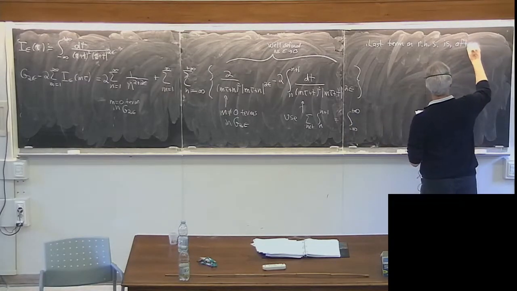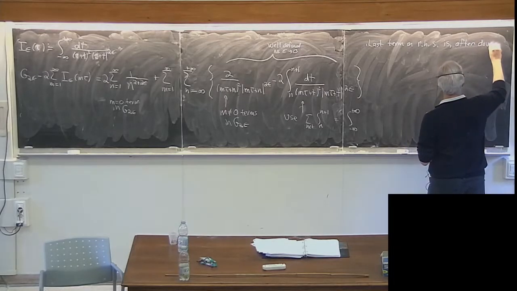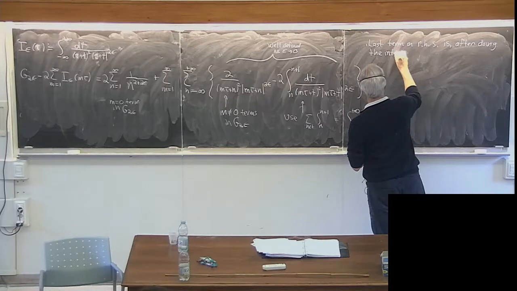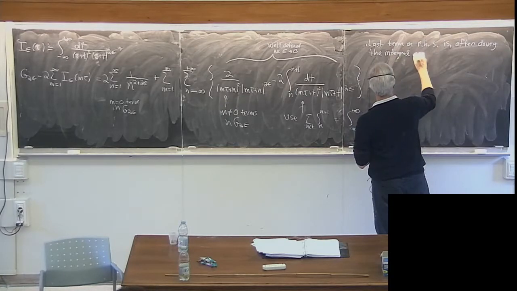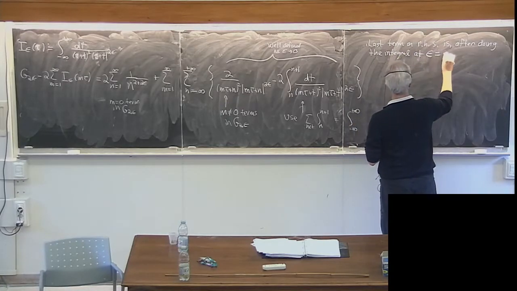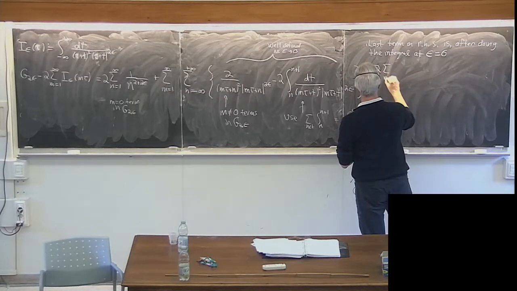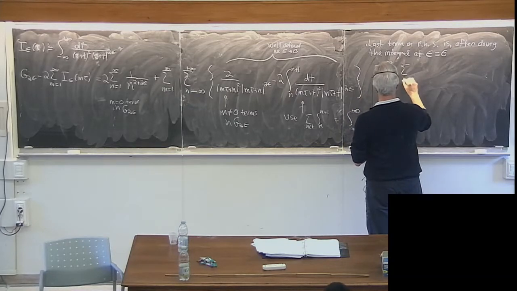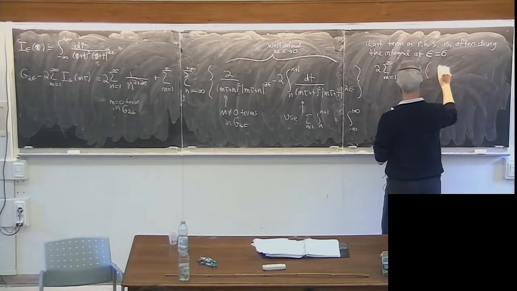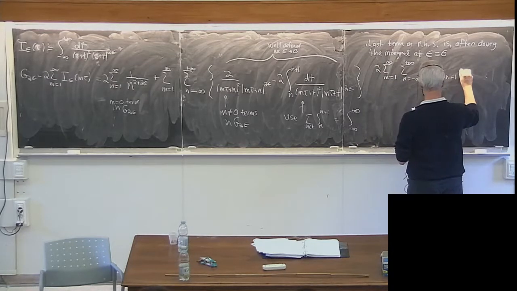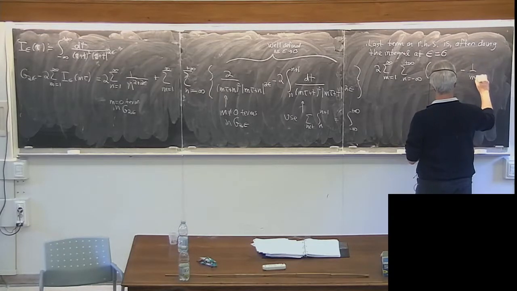After doing the integral and putting epsilon equal to 0, it's equal to 2, the sum from m equals 1 to infinity, the sum from n equals minus infinity to plus infinity of 1 over (m tau plus n plus 1) minus 1 over (m tau plus n).